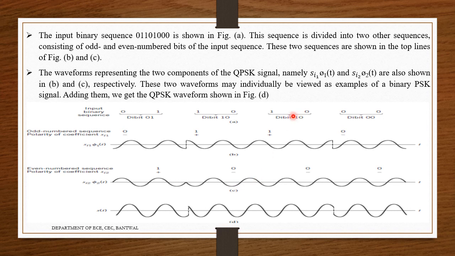Okay. Then 1 and 0. 1 again continues from here till here, 0 again the negative. Next one is 0, 0. 0 means from here, so it is starting from here.